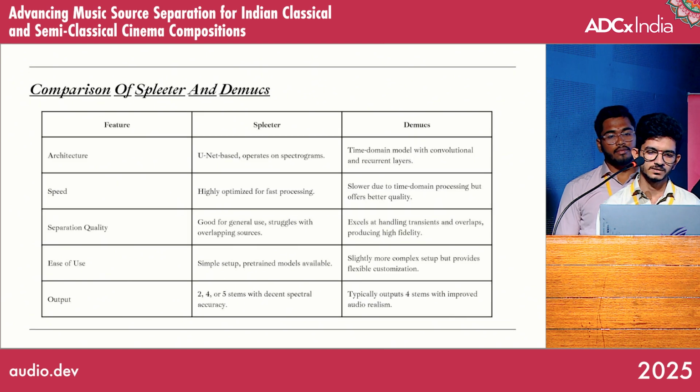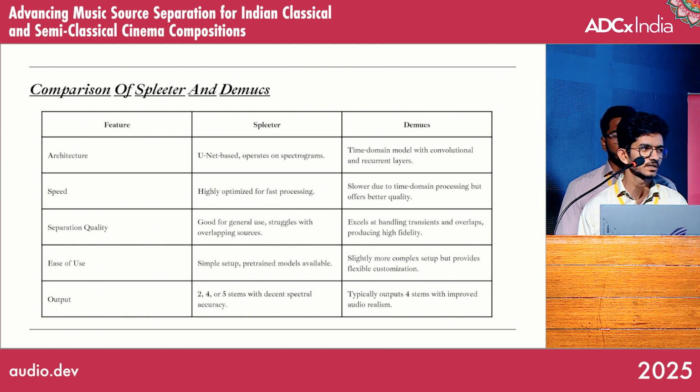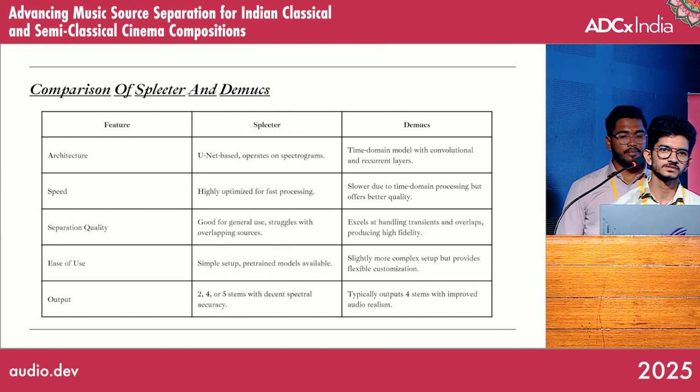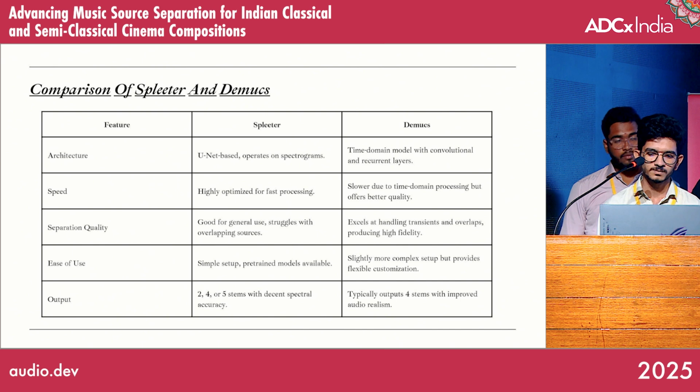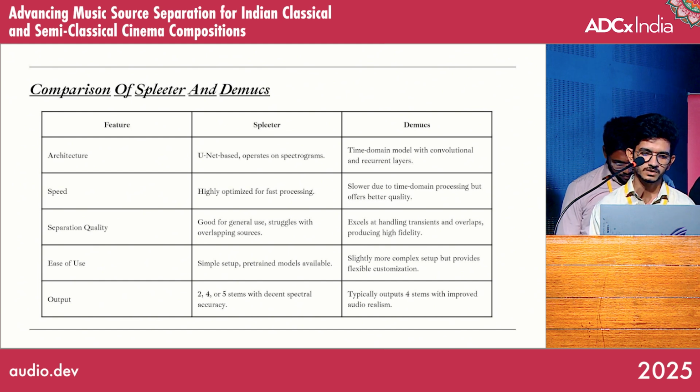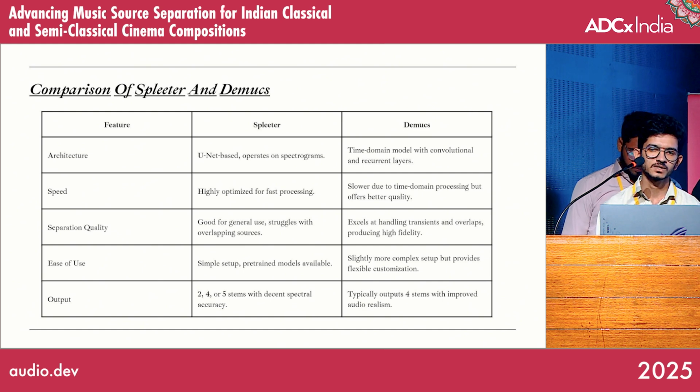So we can compare the top two models, Spleeter and Demucs, to see which gives better results when tested with genres like classical music and semi-classical music. As we saw, the architectures are both similar, but Demucs also works on raw audio form. Speed comparatively, Demucs is time consuming because it works on raw audio.